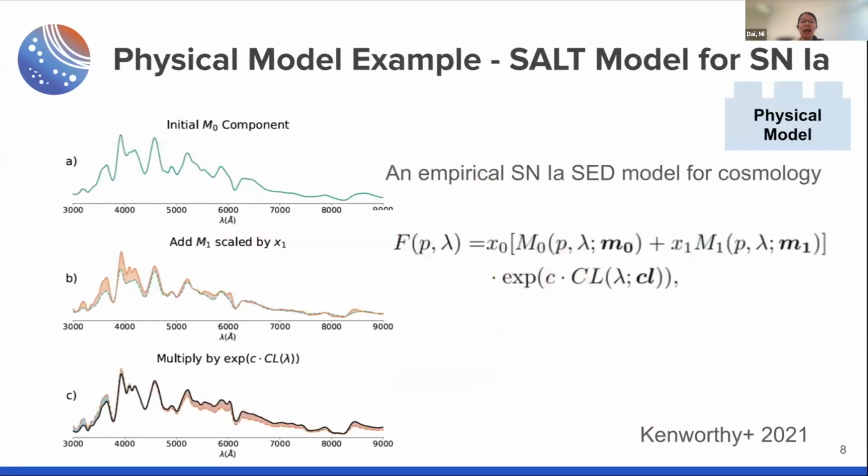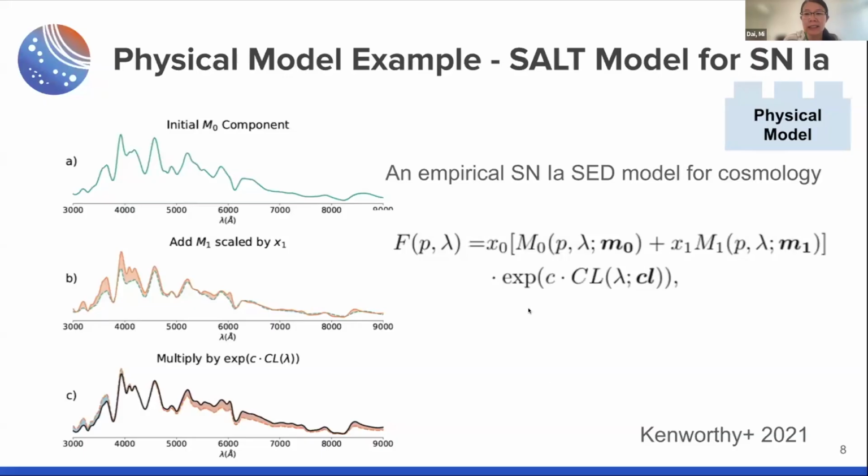Through the talk, I will show examples, and I will talk a lot about a Type Ia supernova SED model. So I just use this slide to summarize it in case you're not familiar with what Type Ia supernova cosmology does.